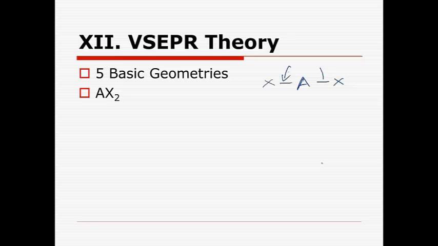Maybe one's a double bond, maybe both are double bonds, maybe one's a triple bond and one's a single bond, but in essence there are 2 pairs. The maximum separation you can have for these 2 pairs is 180 degrees, so it will form a straight line.